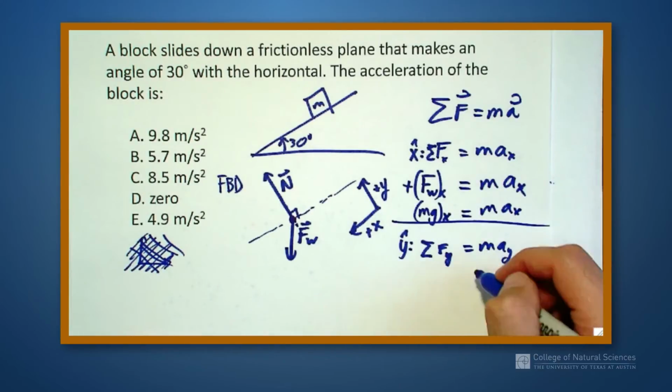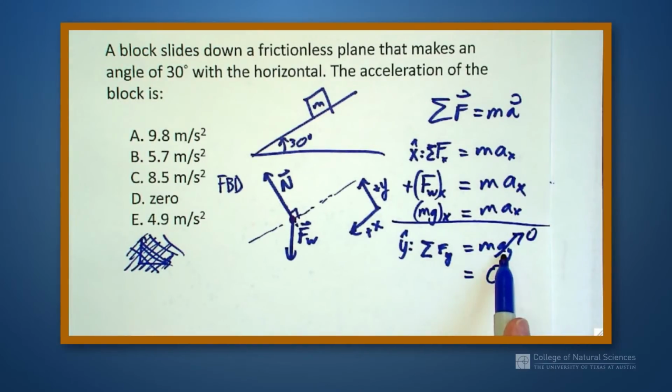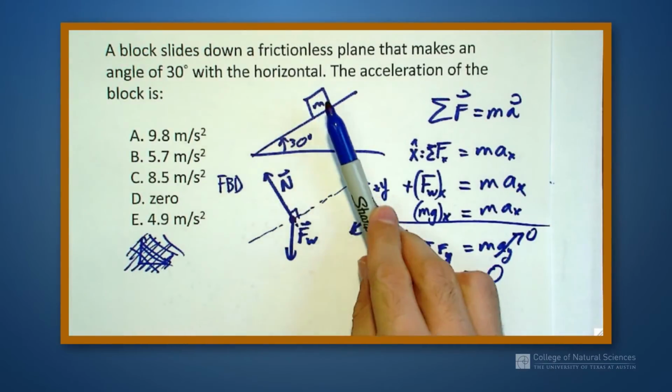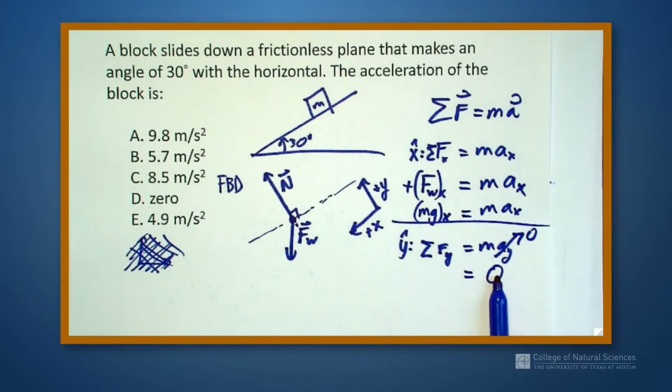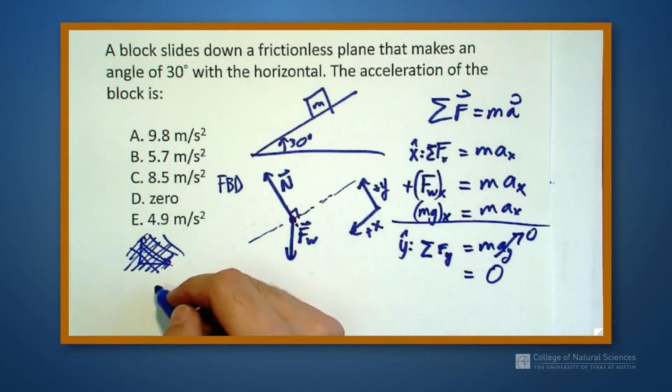There is something that I will say on the y direction. I know that my acceleration is equal to 0 in the y direction because it's sliding down the ramp. So this is actually a reason why I want to do this problem this way. In the y direction, our forces have to add up to be 0. All right, so let's go back and do more on the x direction.